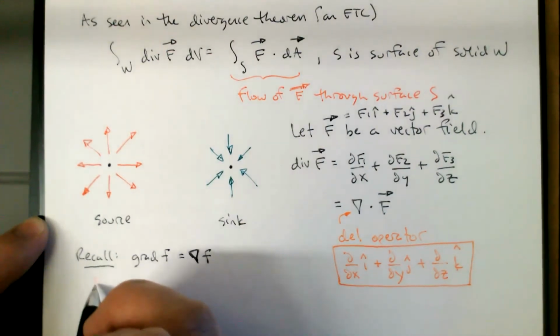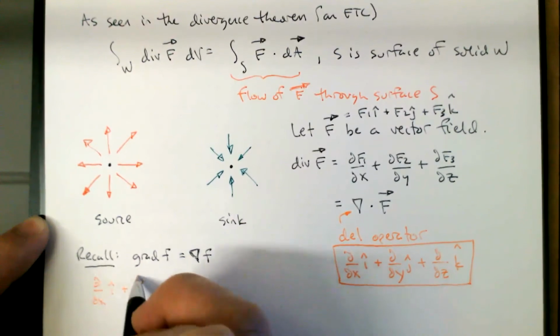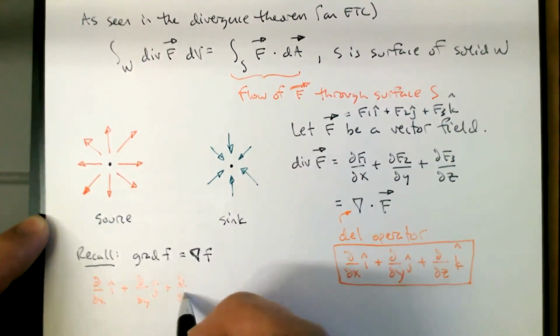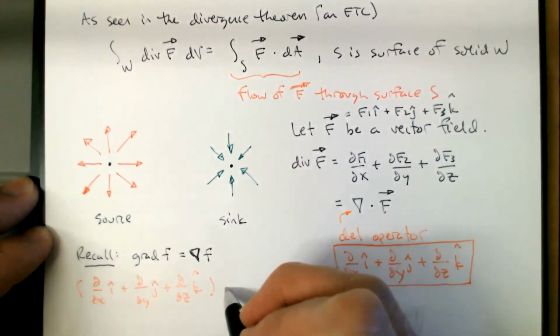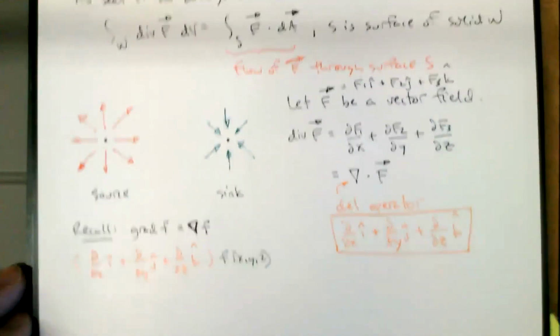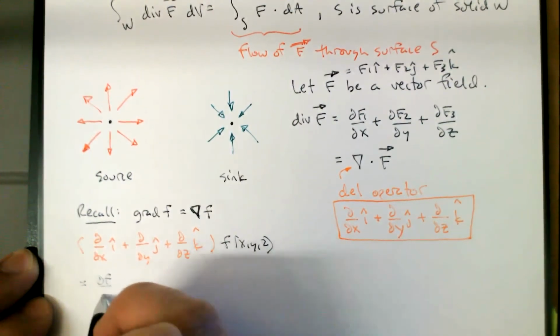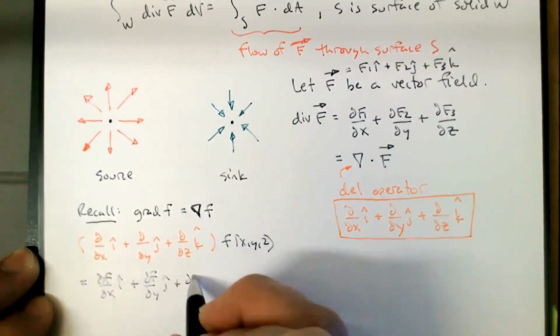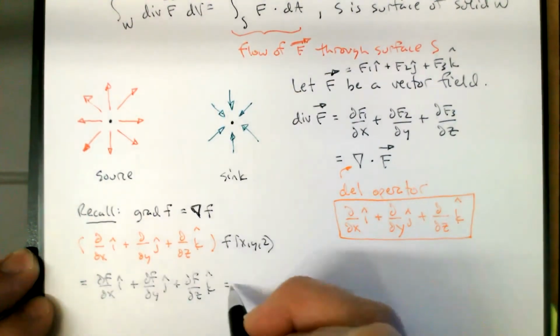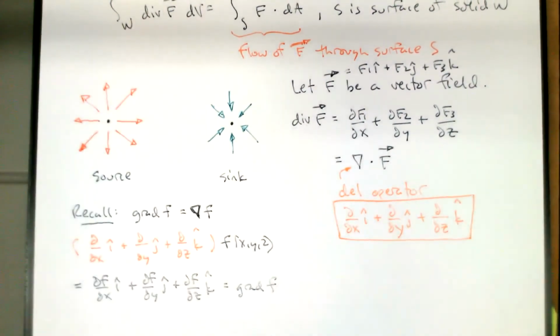But if we have the partial with respect to x i, plus the partial with respect to y j, plus the partial with respect to z k, and apply this operator to a function of three variables, we just apply the partial with respect to x to the function for the i component, the partial with respect to y to the function for the j component, and the partial with respect to z to the function for the k component. And that's how we built the gradient.